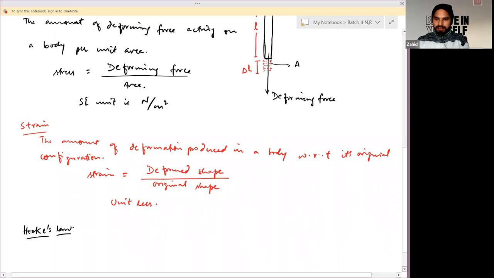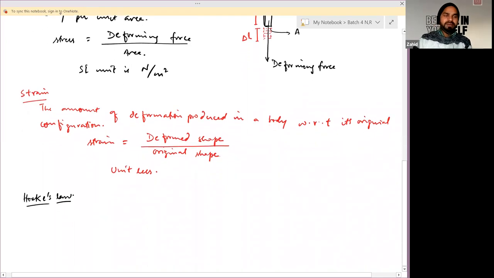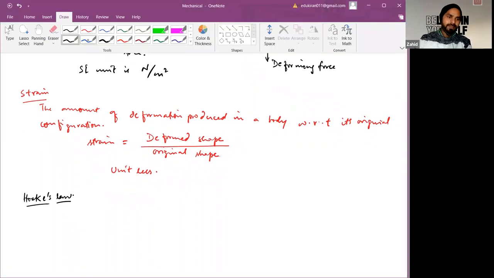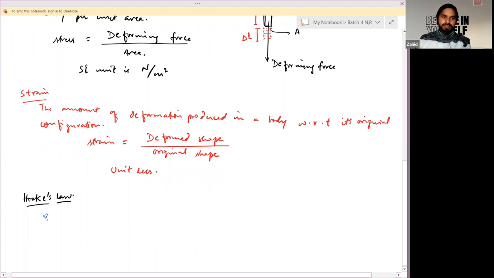But it holds under some given conditions. So according to Hooke's law, at constant temperature and within elastic limit, I will define what we mean by elastic limit, the amount of strain developed in a particular object is directly proportional to the stress applied on it.